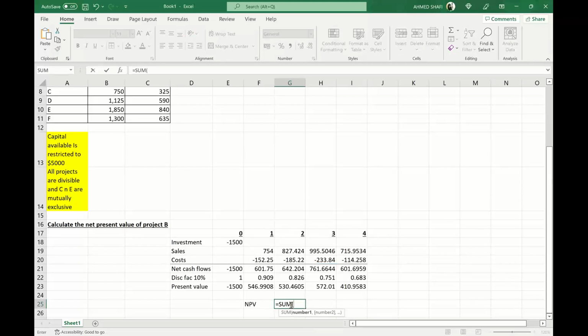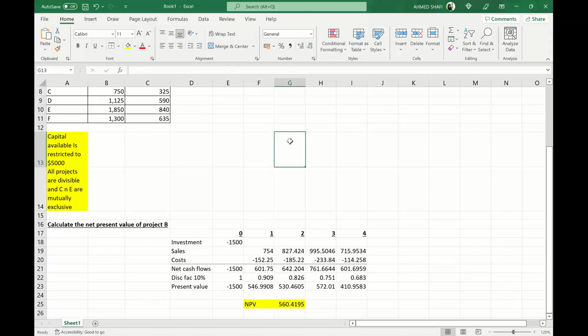Sum of the investment cell, that is E23 till I23. All these cells will be netted off and NPV will be 560 positive. This is the NPV of Project B. Our 4 marks requirement is done. You can copy this. If you have any questions, you can ask, then we will move towards requirement 2.